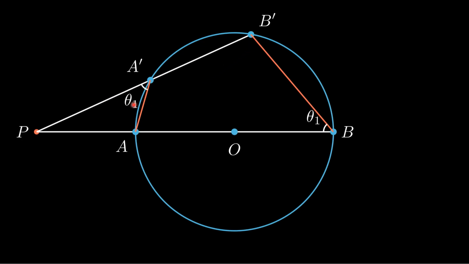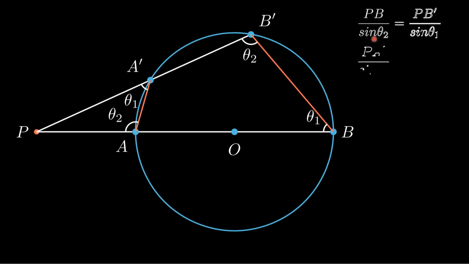So this theta 1 is the same as theta 1 here, since this is a cyclic quadrilateral, and we see that opposite angles add up to 180 degrees. So 180 minus theta 1, so this becomes theta 1, and this is theta 2, so this angle at B prime is the same as theta 2.